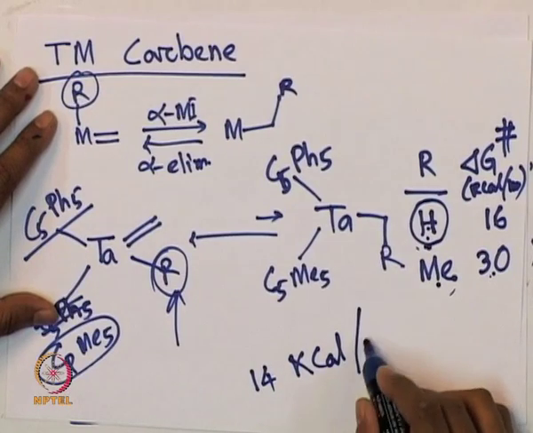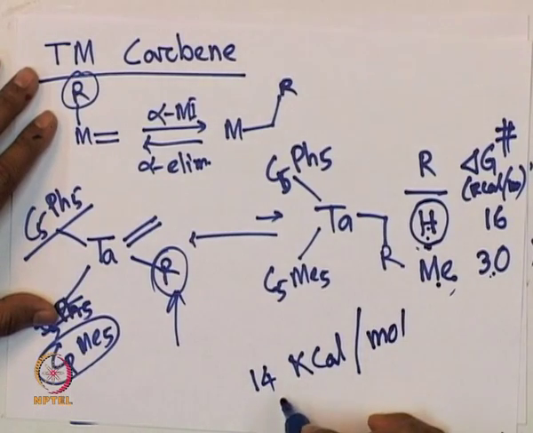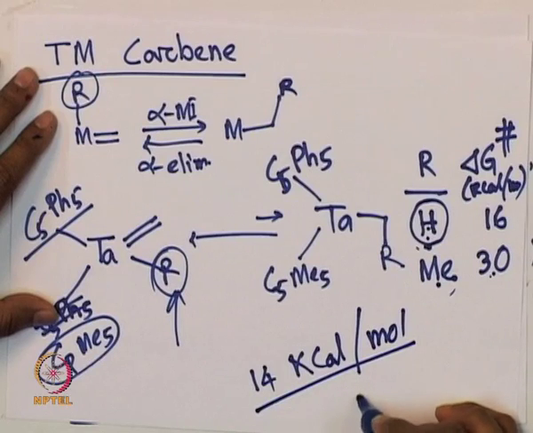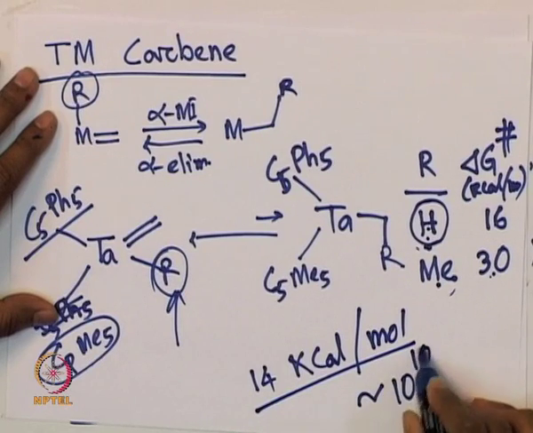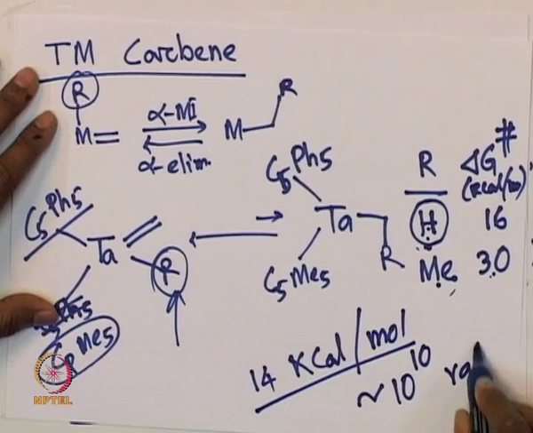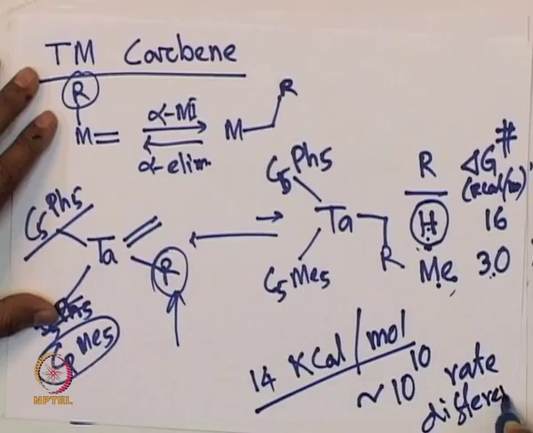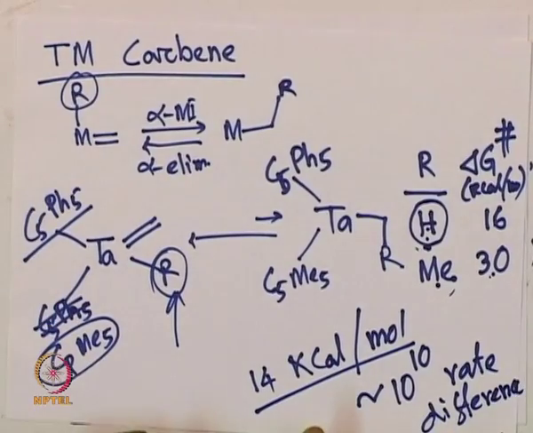Now, this 14 kilocalorie per mole energy is equivalent to 10 to the power 10 times rate difference. So, that is quite a lot of rate difference, right? This is experimentally given data.